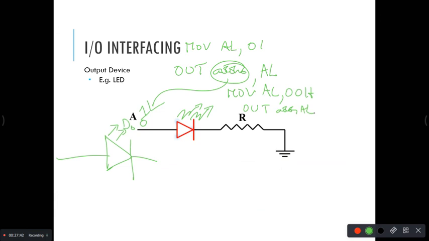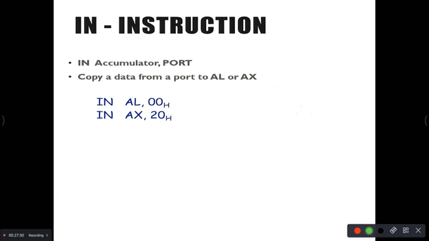So this is a type of IO. I have told you about the IN instruction: IN accumulator, port. What is this port? Port is nothing but the port address of the IO device.